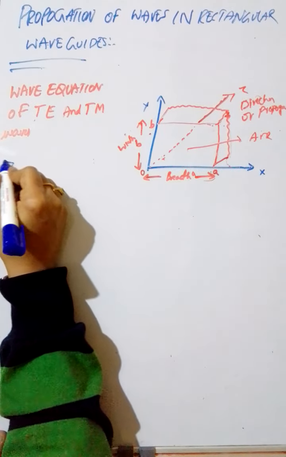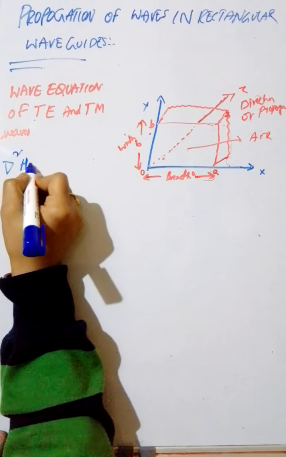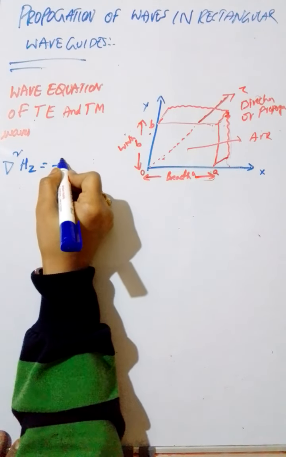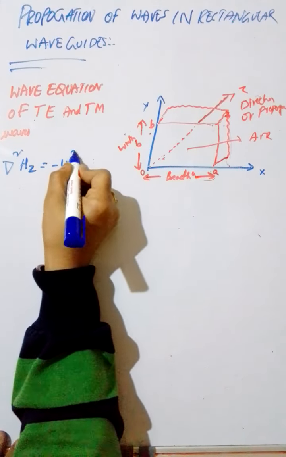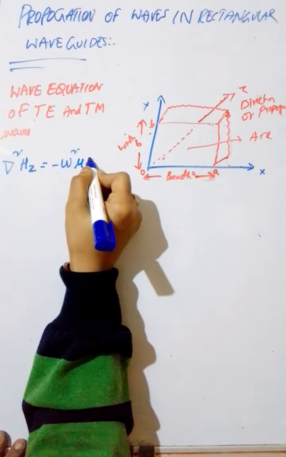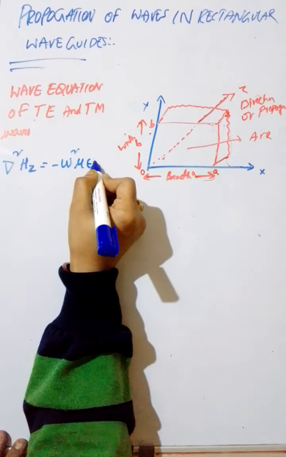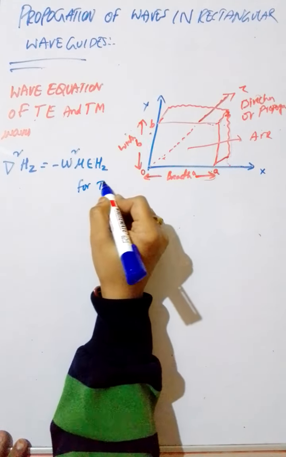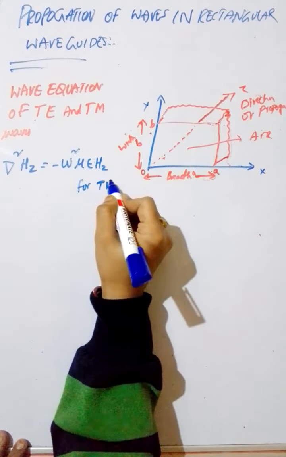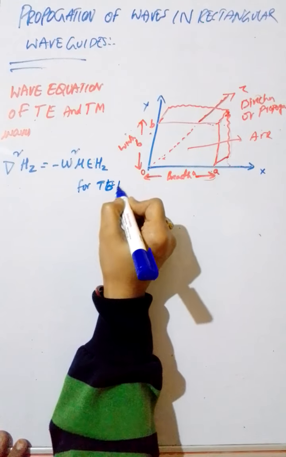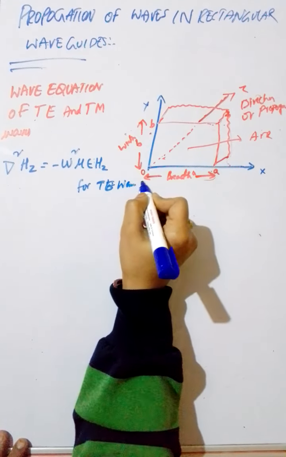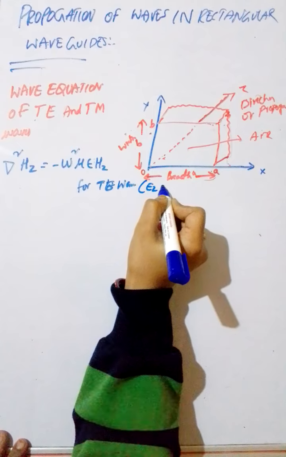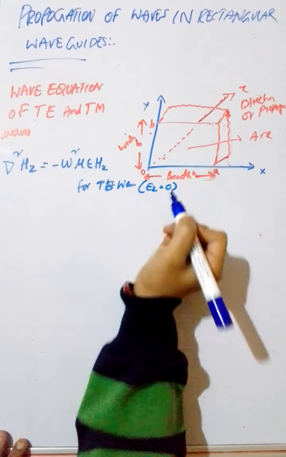Now, del square Hz is equal to minus omega square mu epsilon Hz for transverse electric waves, where Ez is equal to 0.